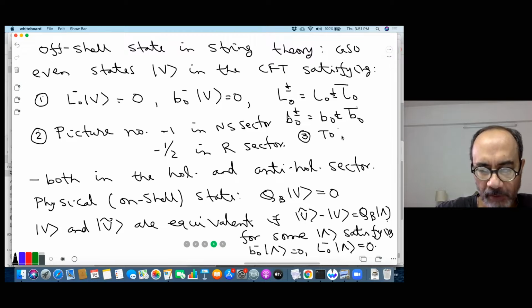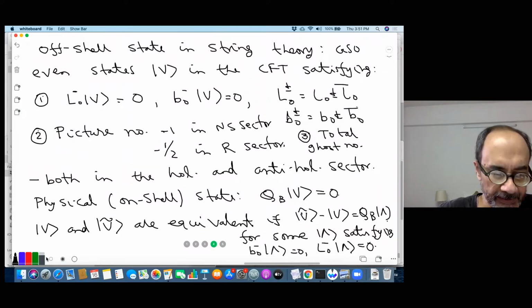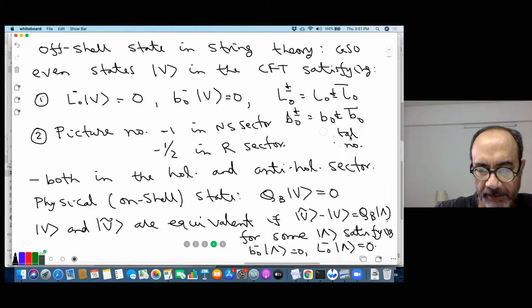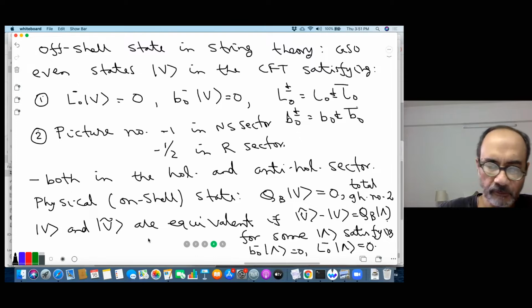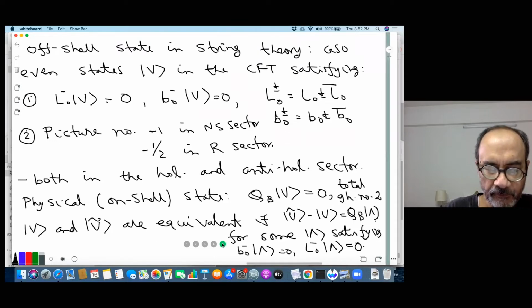You can put total ghost number 2. Sorry, this is part of the physical state condition, not the off-shell string state. So here I can put total ghost number 2, which of course this state does have.